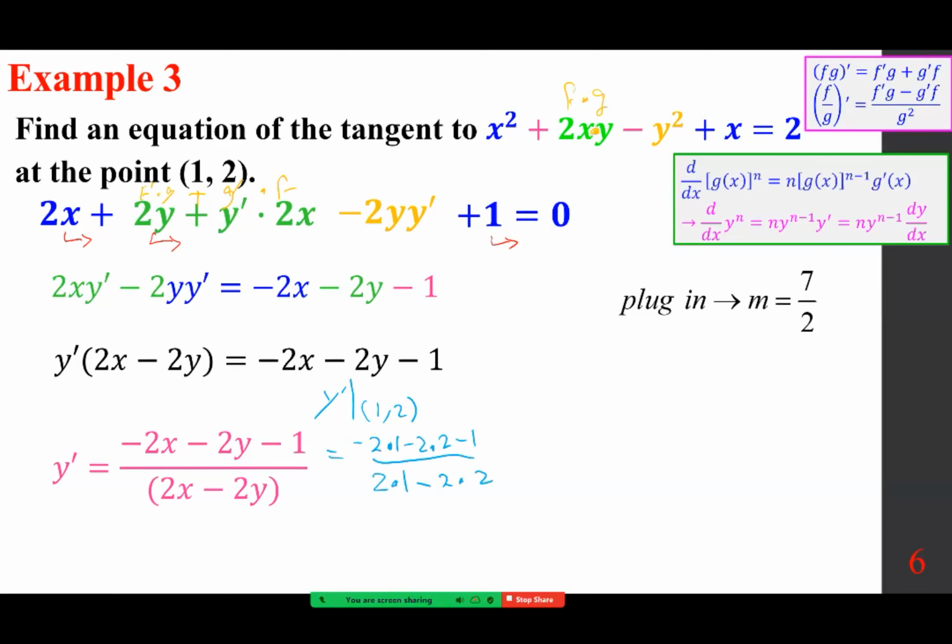And I hope you see we have minus 7 over minus 2, which is 7 halves.